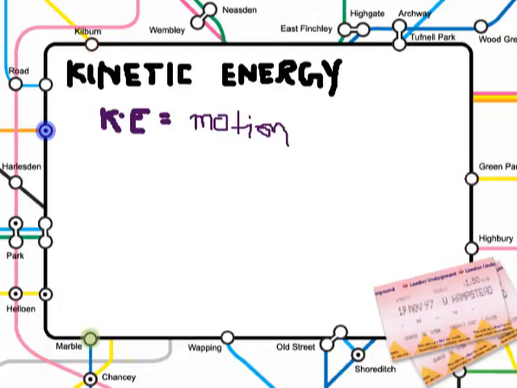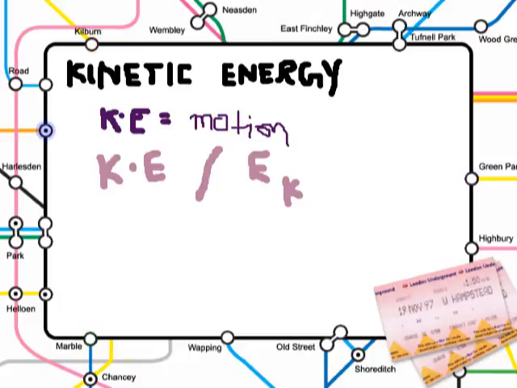Okay. So kinetic energy is represented by KE. This is the way we denote or represent kinetic energy, where K is kinetic and E is energy, or this way, E with a small subscript K, E_K.